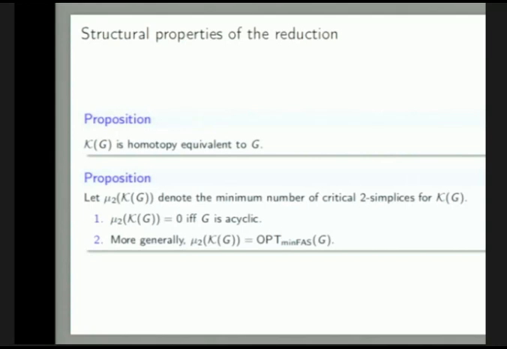And more generally, this statement subsumes what's said here: your mu2 Kg is equal to the optimal value of min feedback arc set on graph G. The minimum number of critical 2 simplices you will have on Kg is equal to the minimum number of edges you need to remove from the graph to make it acyclic. So they have this correspondence.